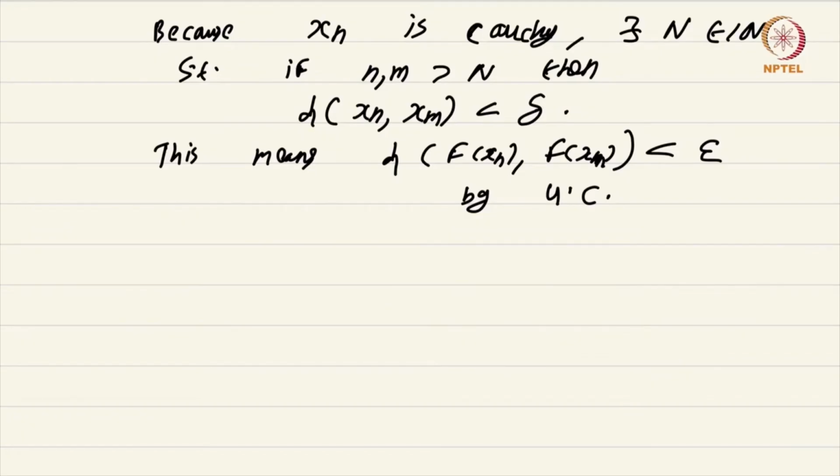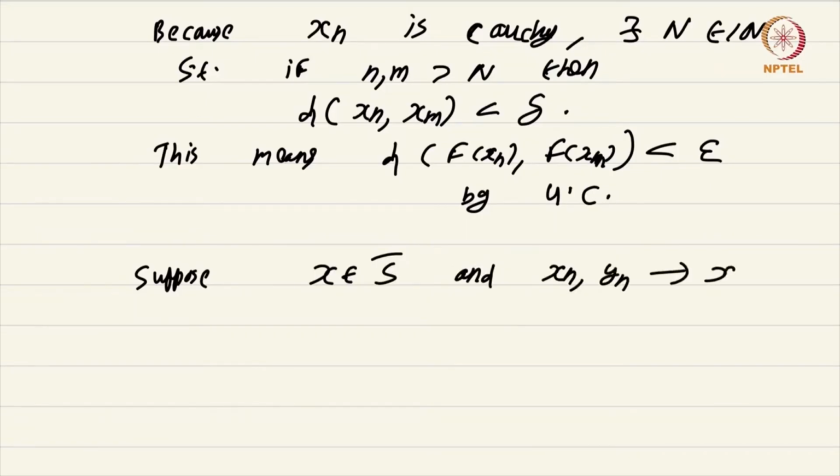Okay, now suppose x is an element of S closure and x_n and y_n both converge to x, coming from S. So what I'm saying is, consider this set S, and suppose we are in this situation where we have two sequences from S that converge to the same point x in S closure.